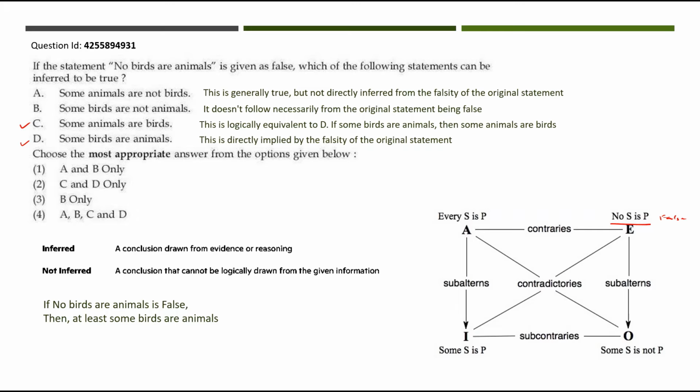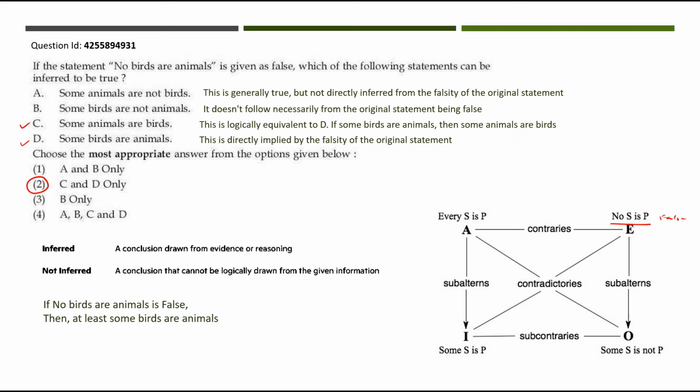This is directly implied by the falsity of the original statement. So D is directly taken to be the inferred statement. Since C is equivalent to D, we can say that both C and D statements can be inferred to be true given that no birds are animals is false. Option number 2, C and D only will be the right answer.